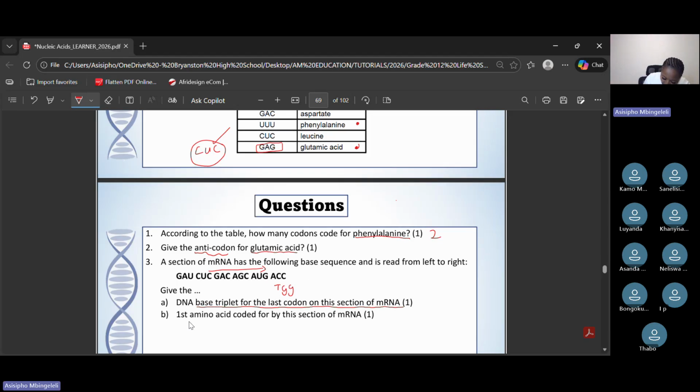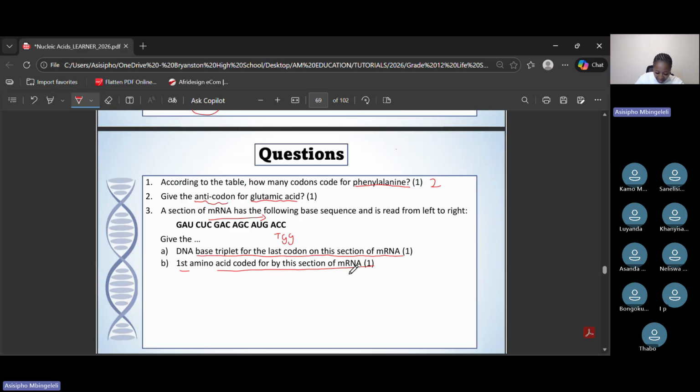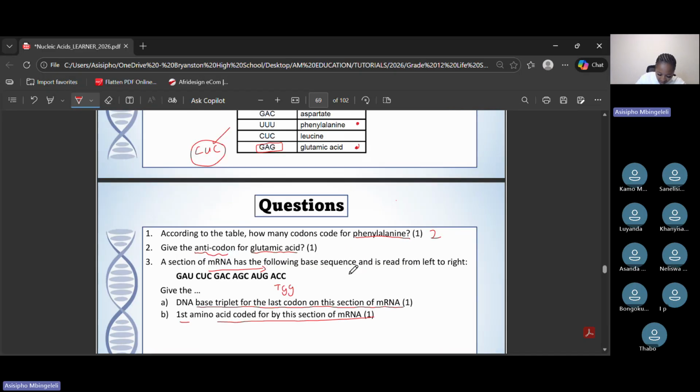Give the first amino acid coded for by this section of messenger RNA. Anyone? Aspartate. How did you get aspartate?